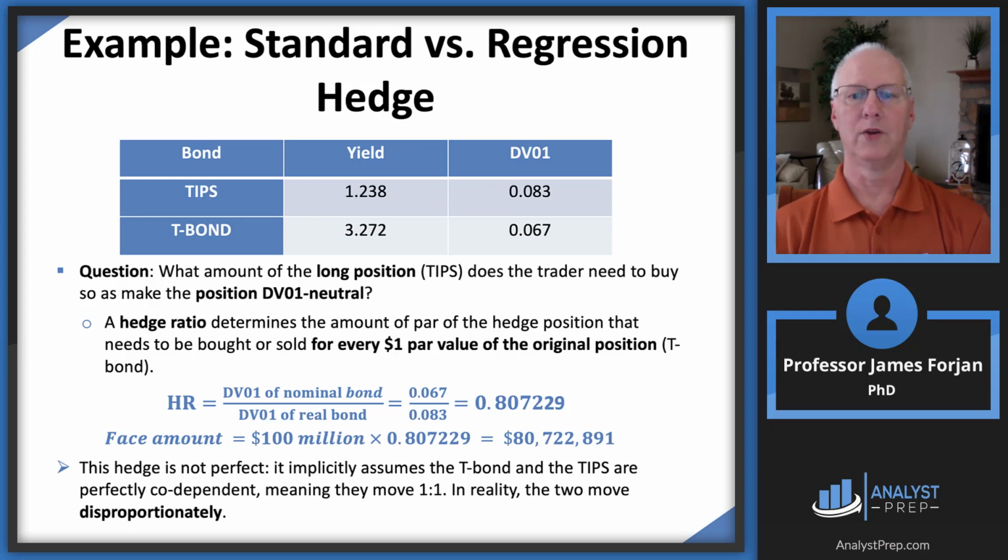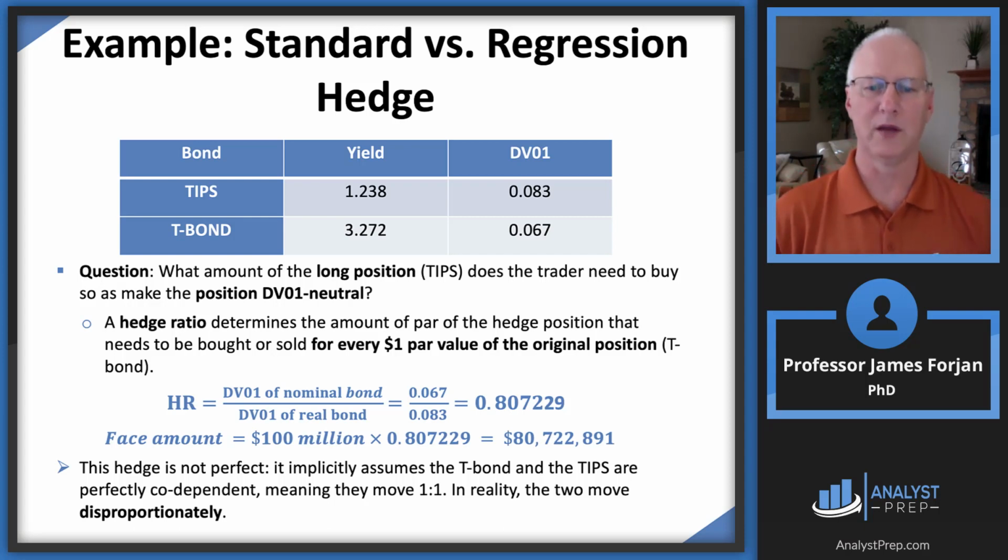Well, here, all we're going to do is take the ratio of the dollar value of each of the DV01s, and we'll take the nominal bond, the treasury bond, put that in the numerator, and divide that by the TIPS. So 67 divided by 83 gives me about 80%.